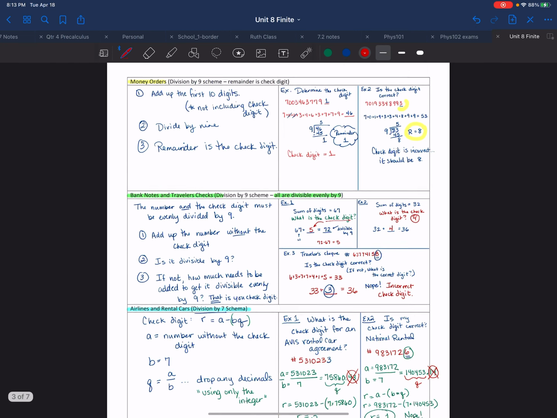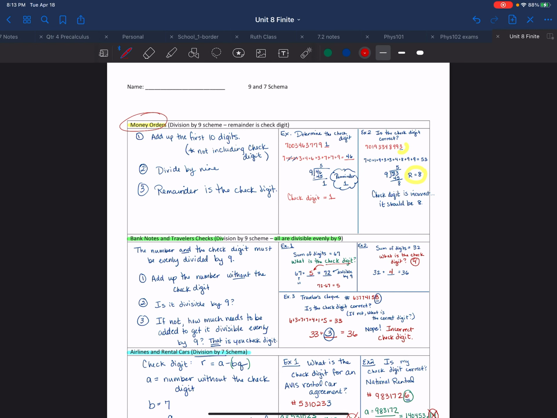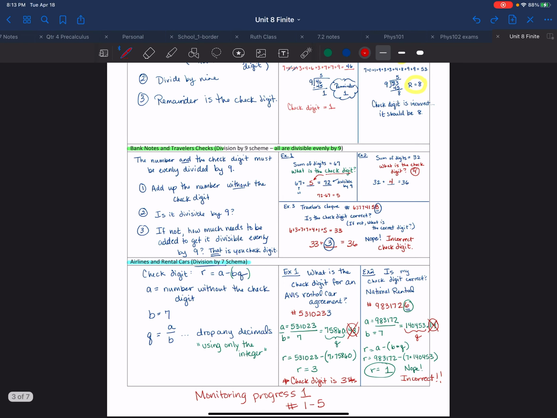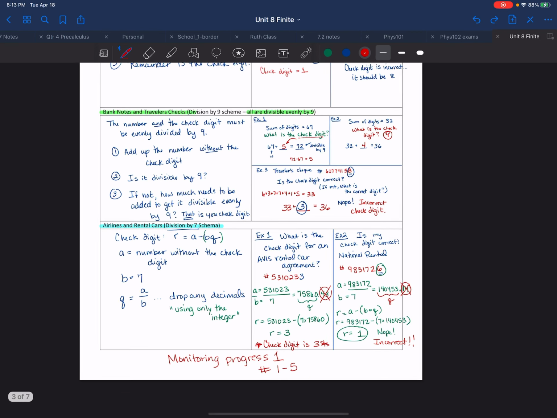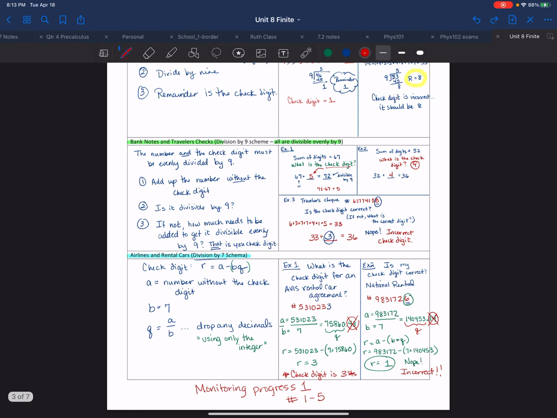Pay special attention as to whether it's a money order, a banknote or traveler's check, or an airline or rental car, because that's going to tell you which schema you're going to use in order to solve. Once you're done with that, you can go on to practice 8.1, and you can complete numbers 1 through 5 on that one as well.